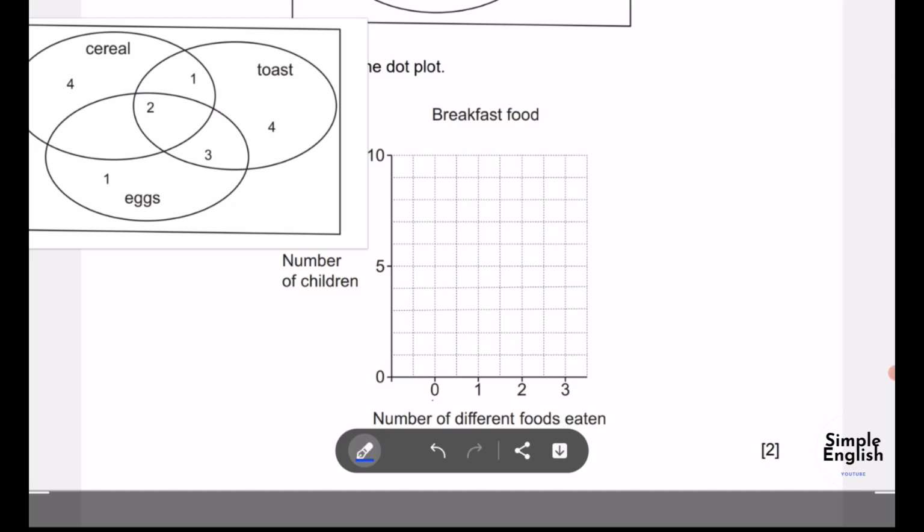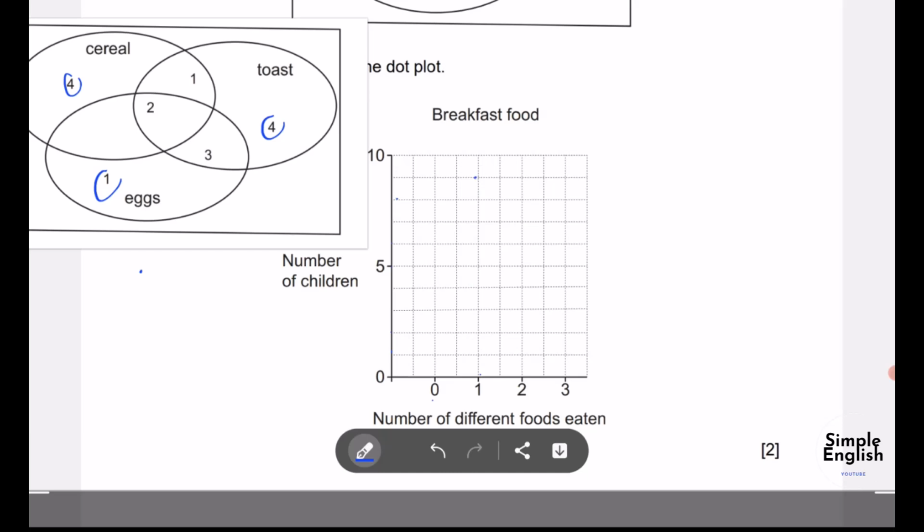Because every student has at least 1 food. How about 1 food? 1 food means cereal, toast and eggs, right? So 1 food means 4 plus 4 plus 1 is 9, right? 1, 2, 3, 4, 5, 6, 7, 8, 9 here. So you plot here.